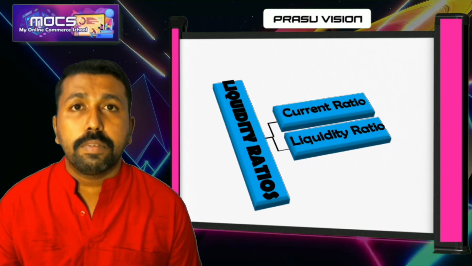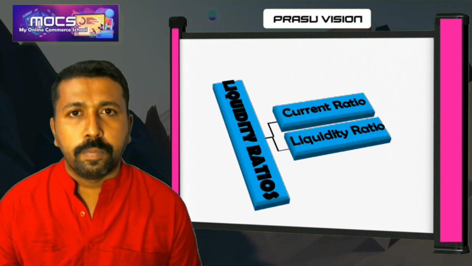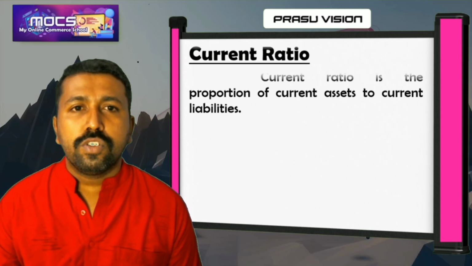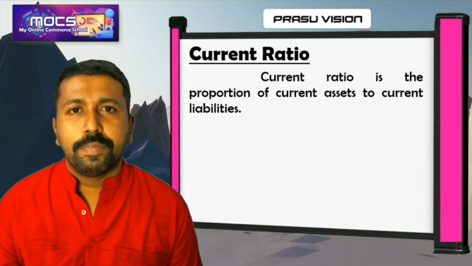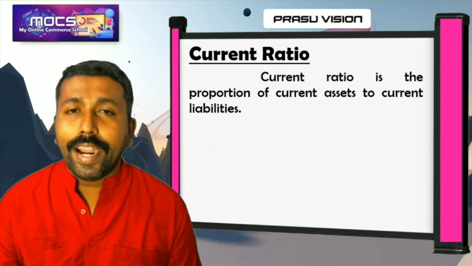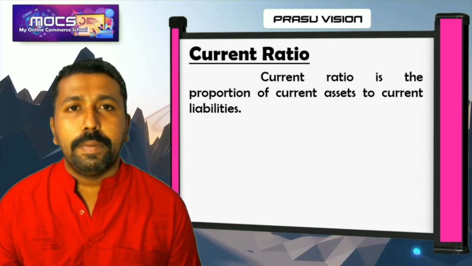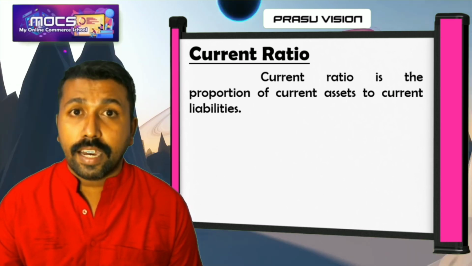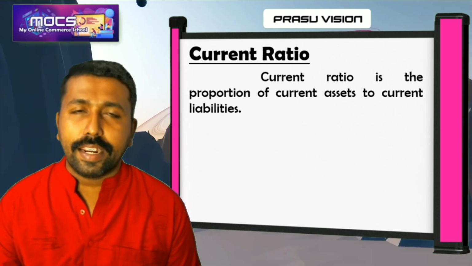We can use the terms current ratio and quick ratio or liquid ratio. Moving to the first one, current ratio. It is calculated to identify the ability of the firm to meet the current liability within the available amount of current asset.